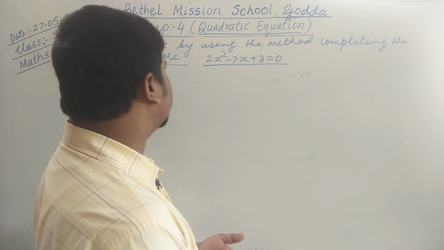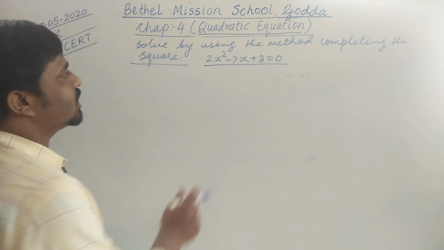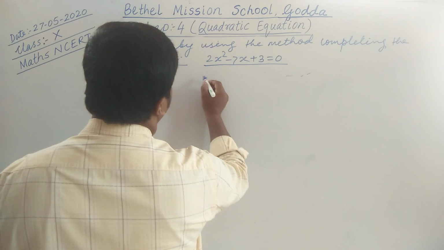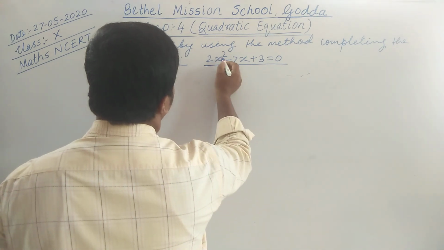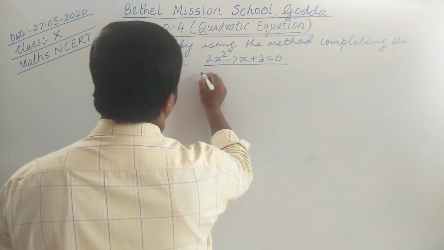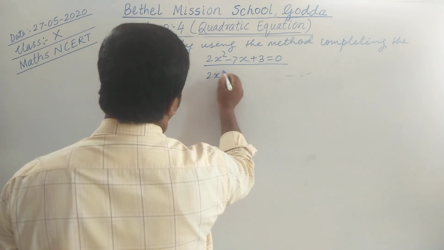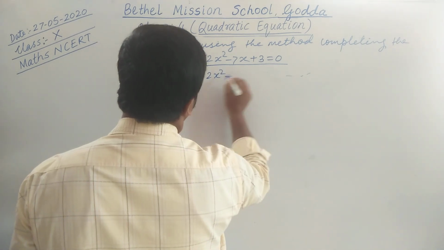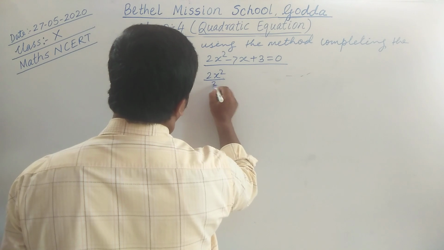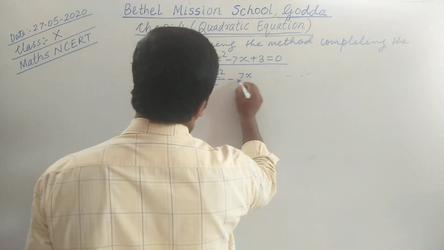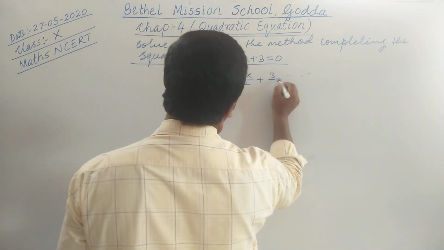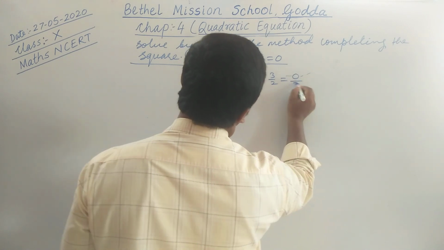So first we remove the coefficient of x²: 2x²/2 − 7x/2 + 3/2 = 0/2.